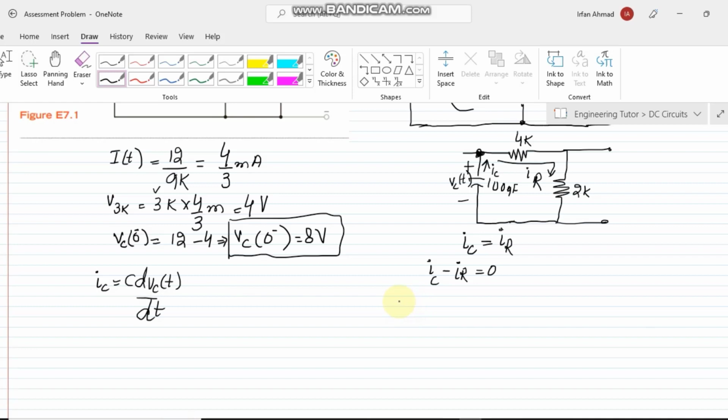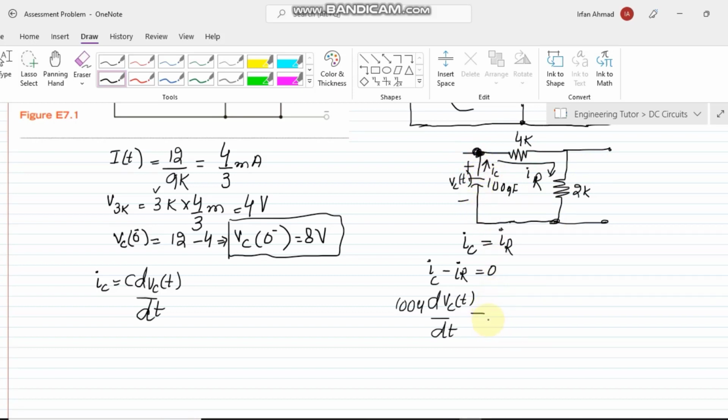The value of C is 100 microfarad multiplied by dVC(t) divided by dt, and minus IR, where IR is VC divided by 6K, because of the addition of these two resistances, and similarly the voltage across both of them is also VC(t), because the combination of these two is in parallel with this VC(t).